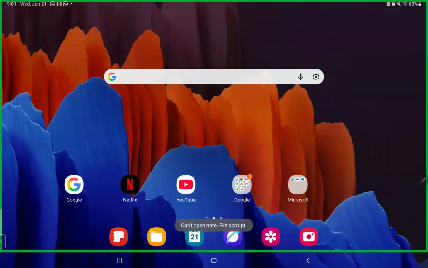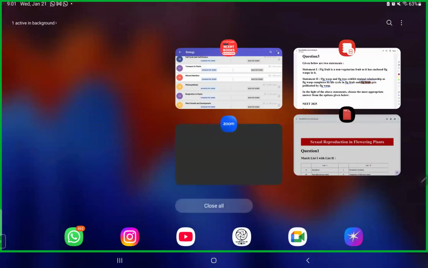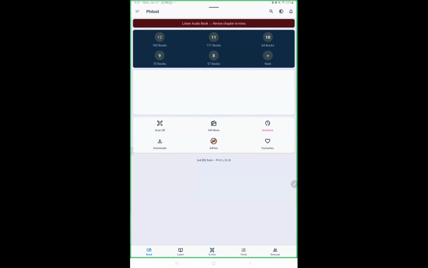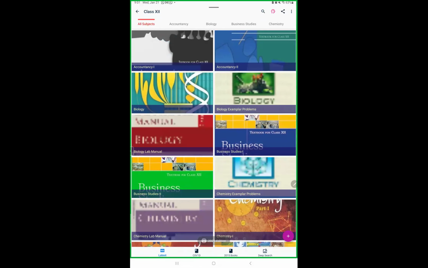So, I was having a limited number of PDFs. Still, it got corrupted. Okay, so in that case, we'll do this last topic.